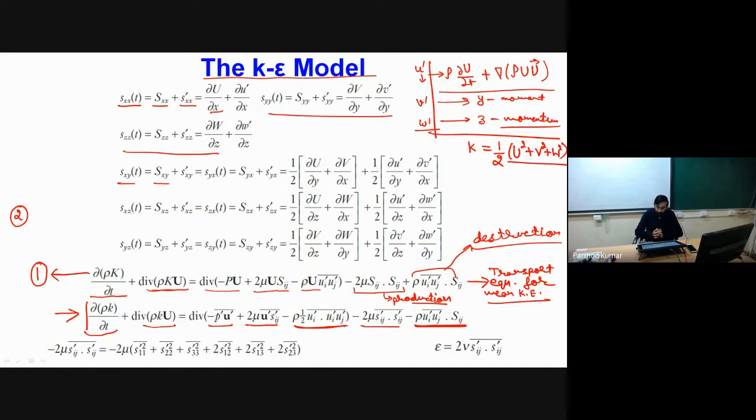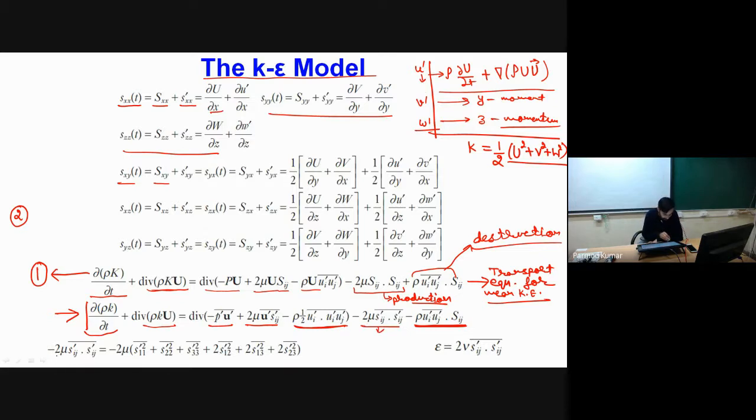Now, one important part. If you see here, I have called rho times ui dash uj dash dot Sij, or even the first part 2 mu times Sij dot Sij dash, the production part.